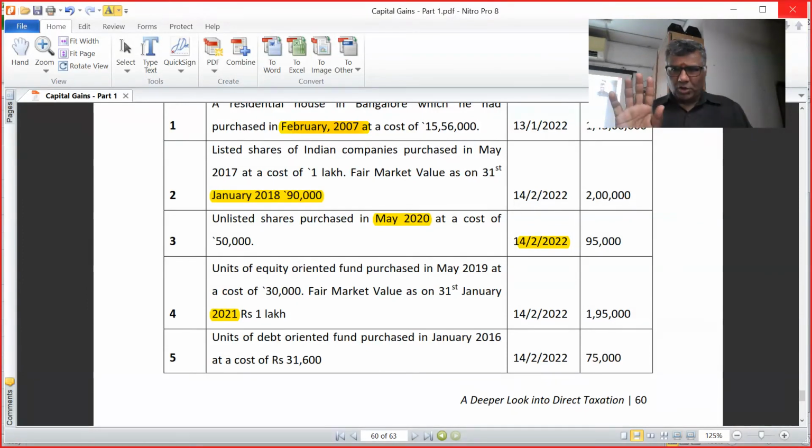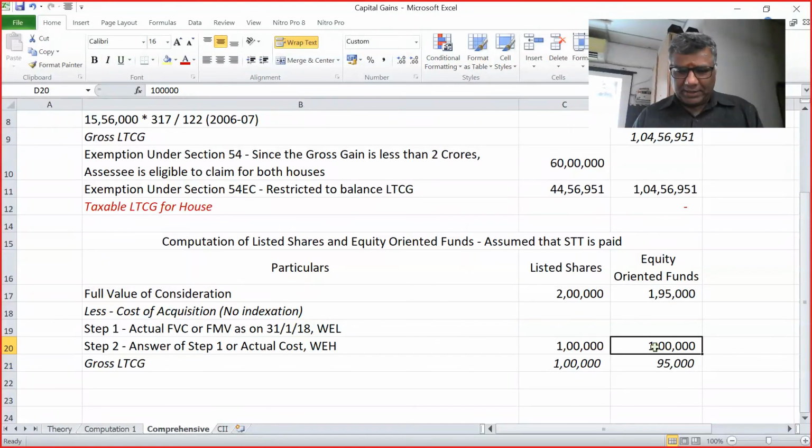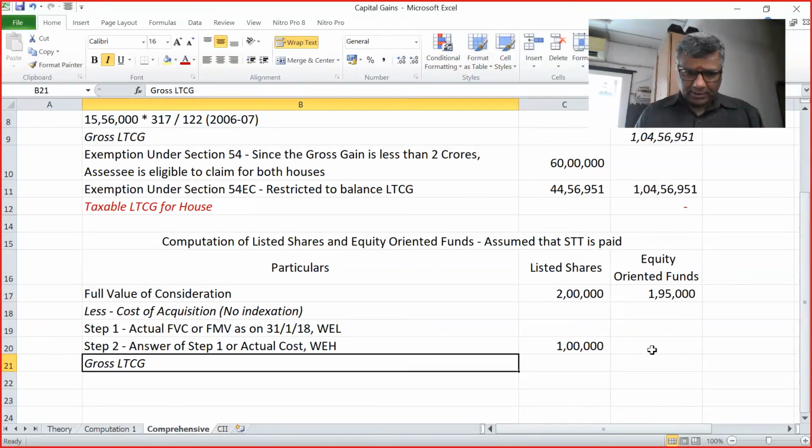Oh, sorry, friends. I stand corrected. It is purchased in May 19. It is only 30,000. I didn't read that.